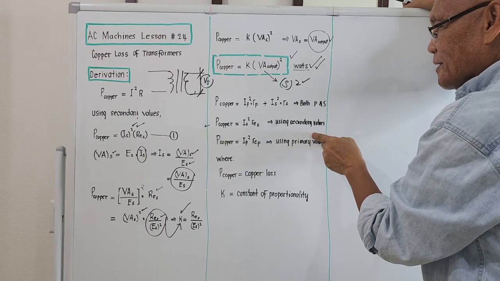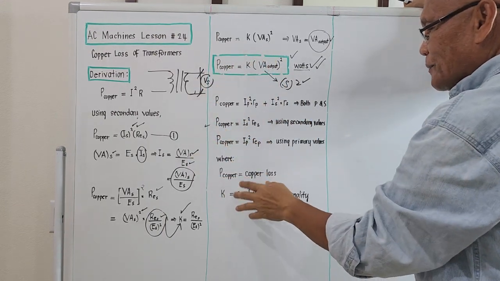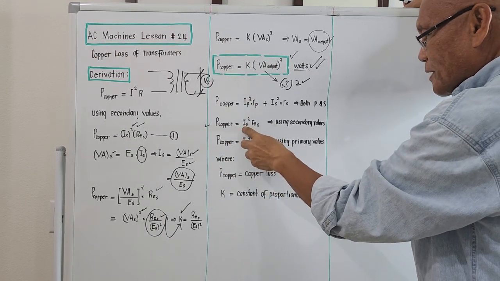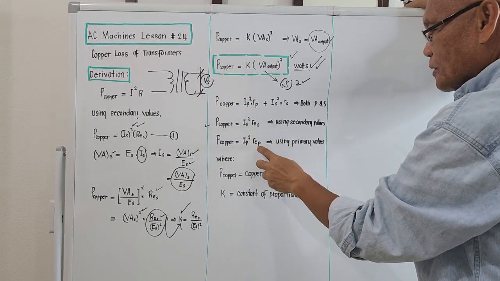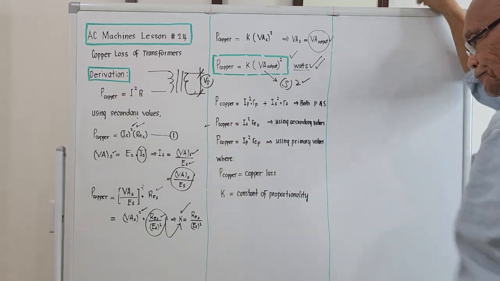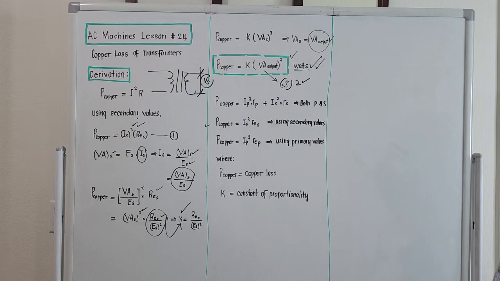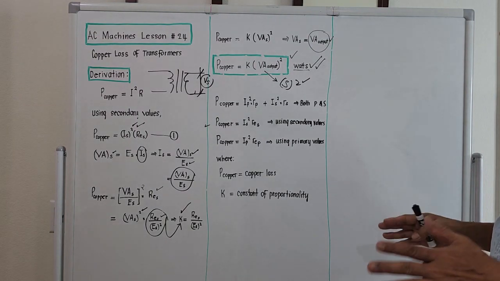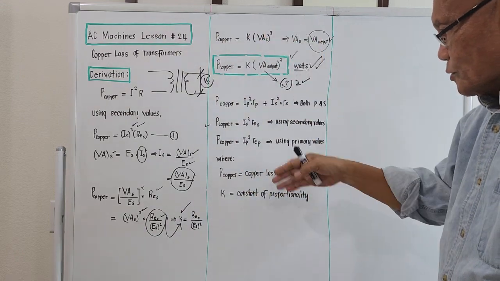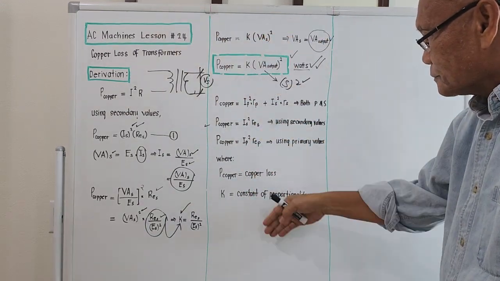Third, copper loss will also be equal to the square of the current of the primary times the equivalent resistance with the subscript primary, if we are using primary values. So actually there are four formulas on how to compute for the copper loss of any transformer. Any of them will do.